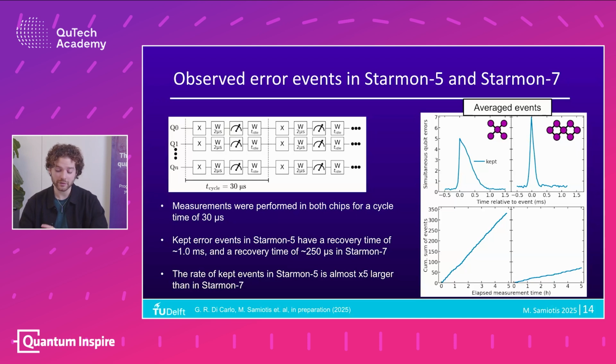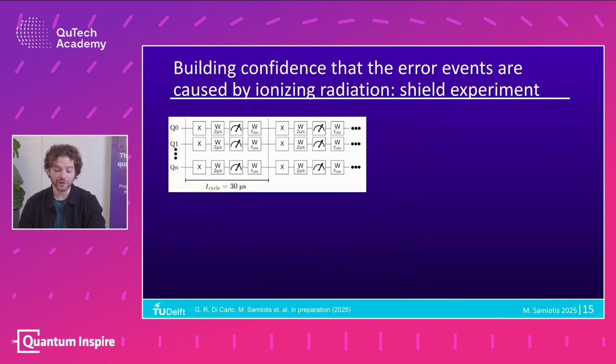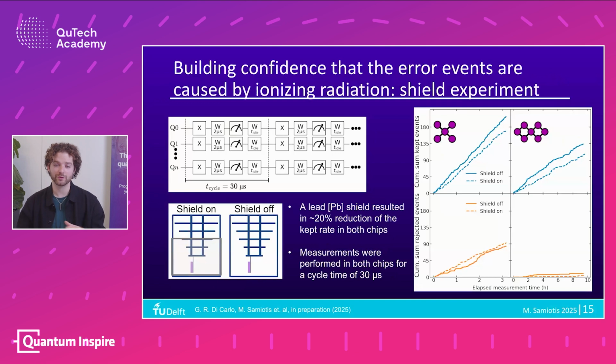You might ask yourself, how can we be sure that this is truly caused by ionizing radiation? For this, here I'm also showing the average of the rejected events. And the thing is that we also used a lead shield. We went to both fridges of Starmon 5 and Starmon 7, and we covered them with about a centimeter thick lead shield.